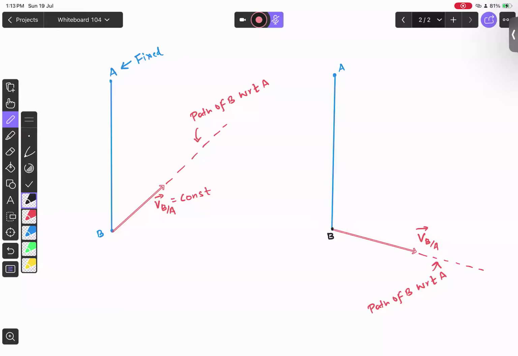In the first case, the separation is decreasing, and in the second case, it's increasing. Correct.